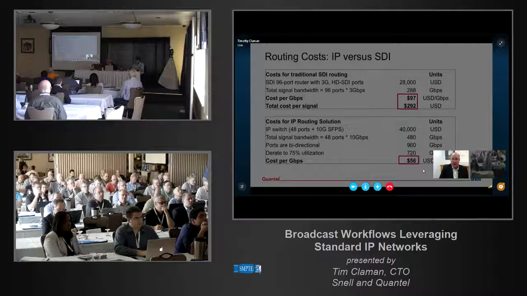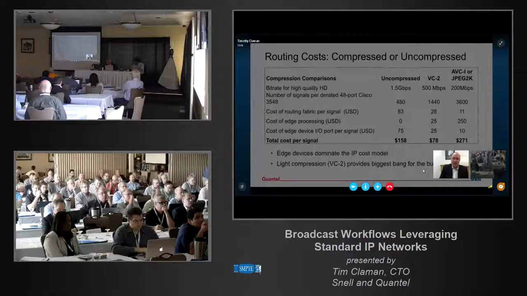And for a comparable IP switch, you can see that the cost per unit bandwidth is already a lot lower, roughly half, at roughly $50 per megabit per second. And that price point is dropping much more quickly for IP technology than for SDI.